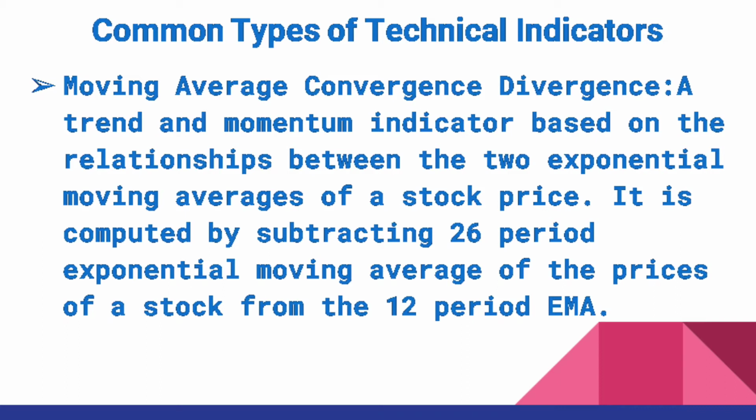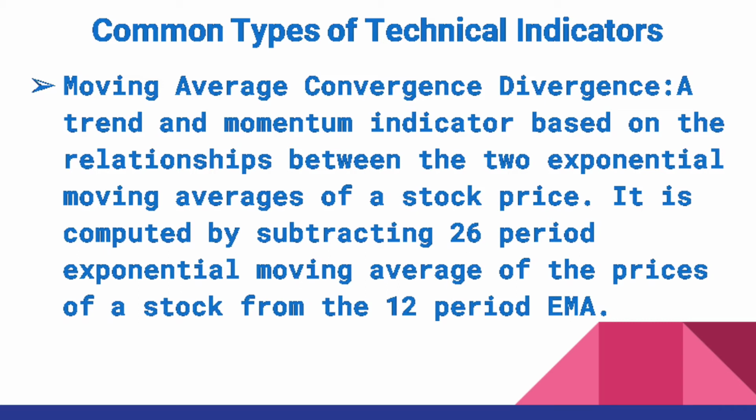It is computed by subtracting the 26 period exponential moving average of the prices of a stock from the 12 period exponential moving average. The MACD line is constructed by plotting the results so arrived. Afterwards, a 9-day EMA of the MACD will be computed, which is known as the signal line.